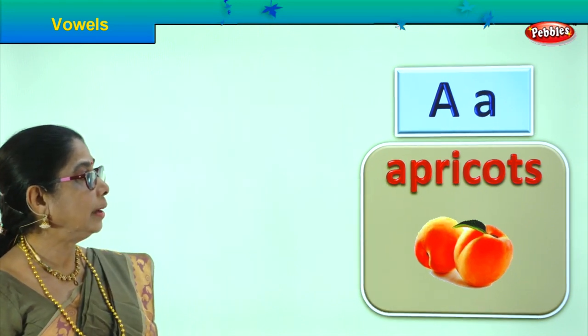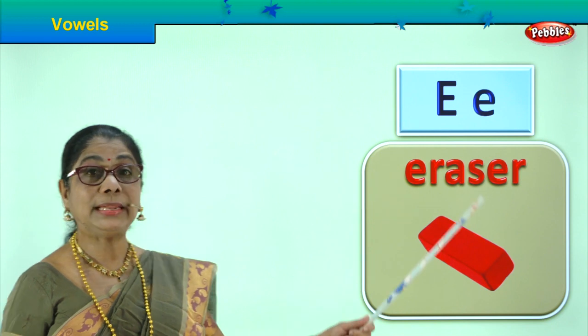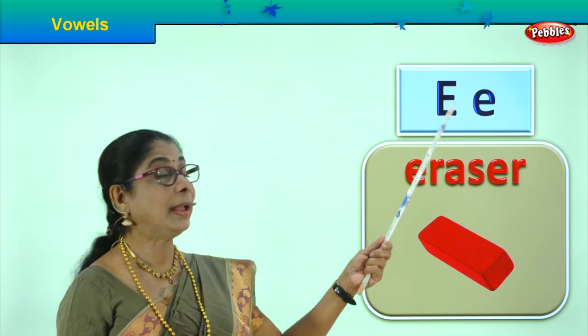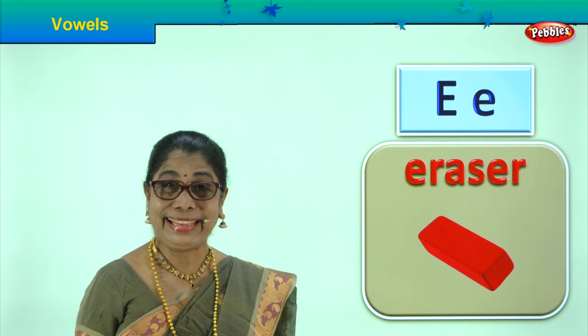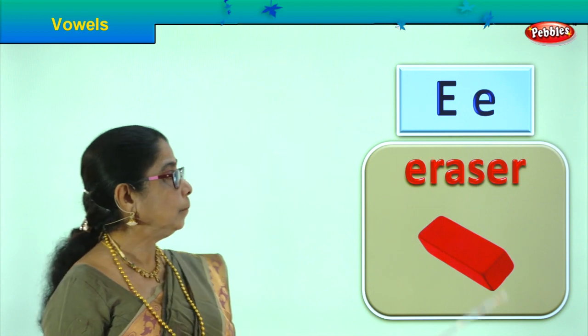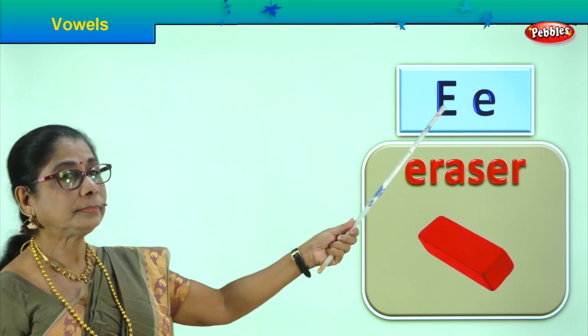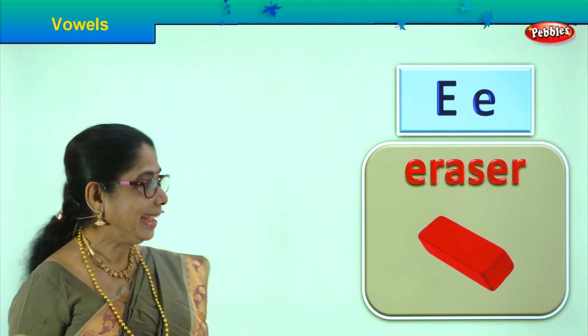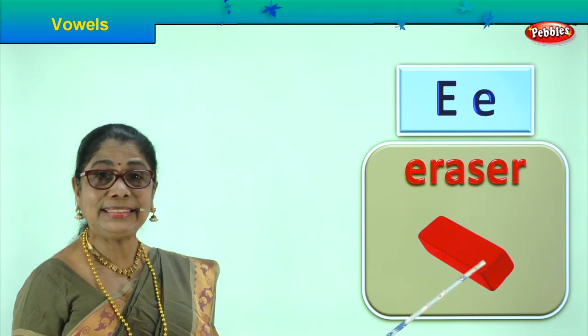Good. Here we are. Now we come to the second vowel, that is E. Here you have capital E, small e. What's the sound? Letter E. What is this? Eraser.